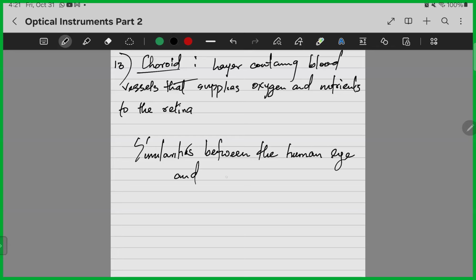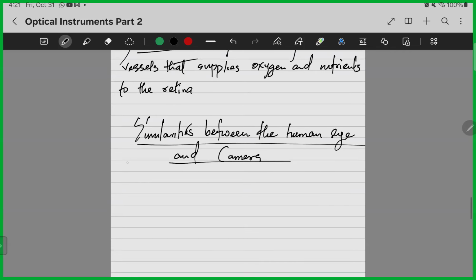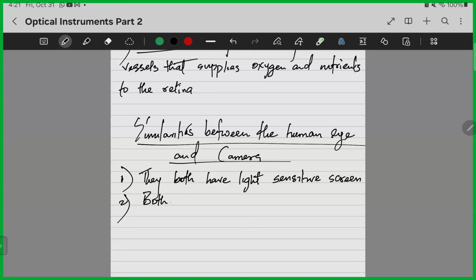Number one similarity is that they both have a light-sensitive screen. Take note of that. Number two, this is a very common exam question: they both form inverted images.